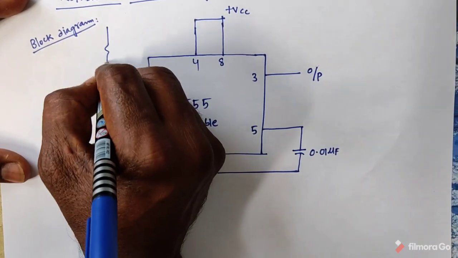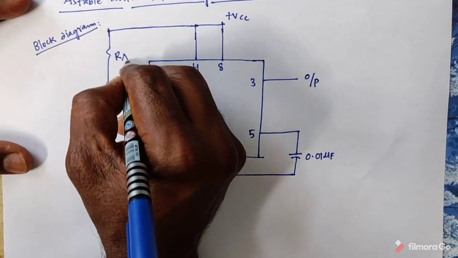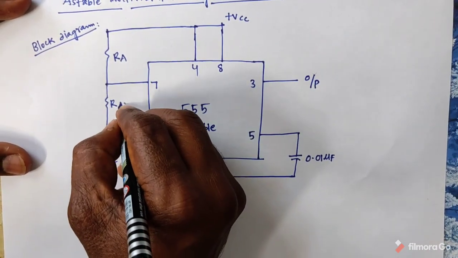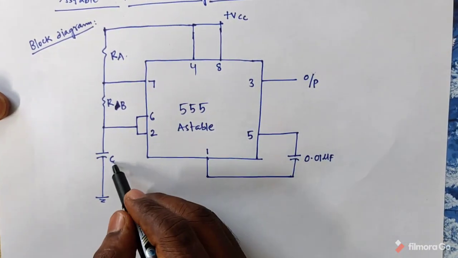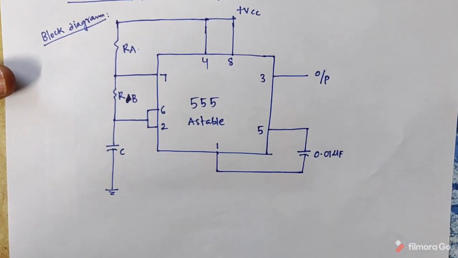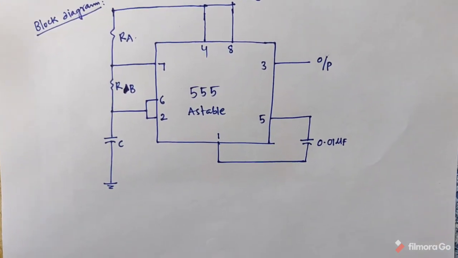Take one more resistor from VCC, that is RA. We have 2 resistors, RA, RB, and capacitor C. So this is the basic block diagram of astable multivibrator.